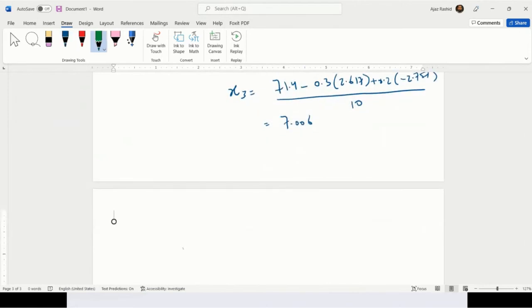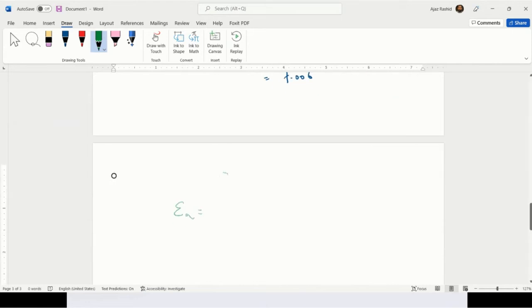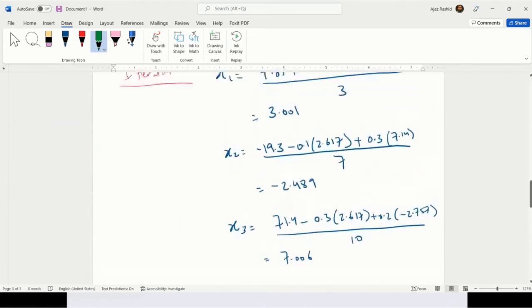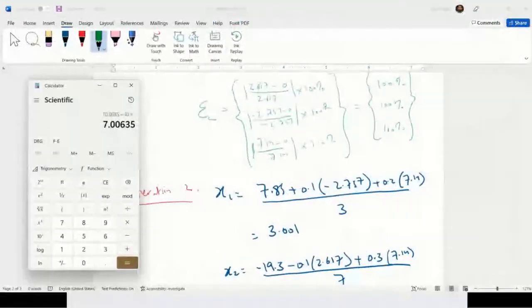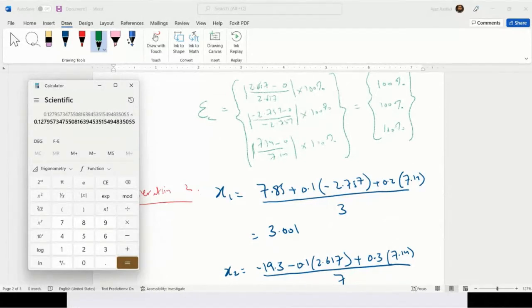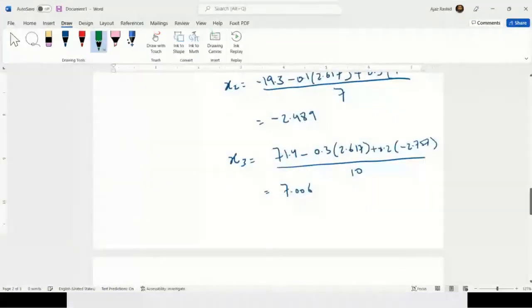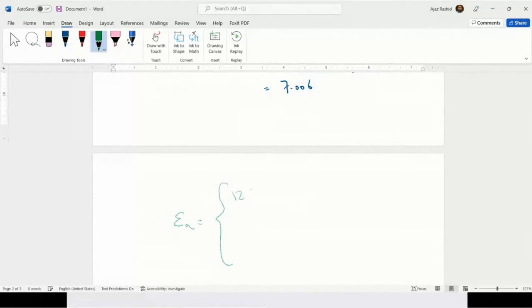I can find the approximate errors in all three values of the unknowns. For x1, I have the new value 3.001. So I have 3.001 minus 2.617 divided by 3.001 into 100. So I have 12.8% error in x1.